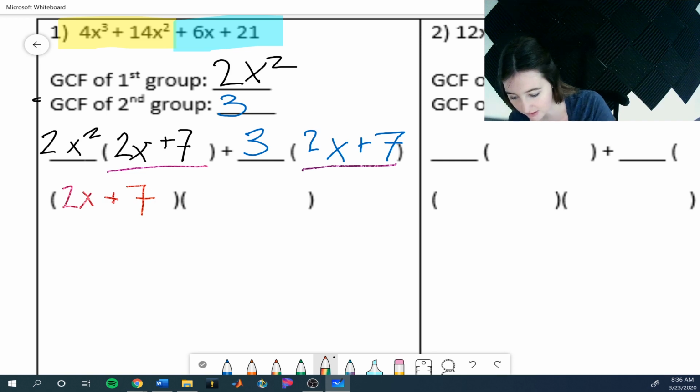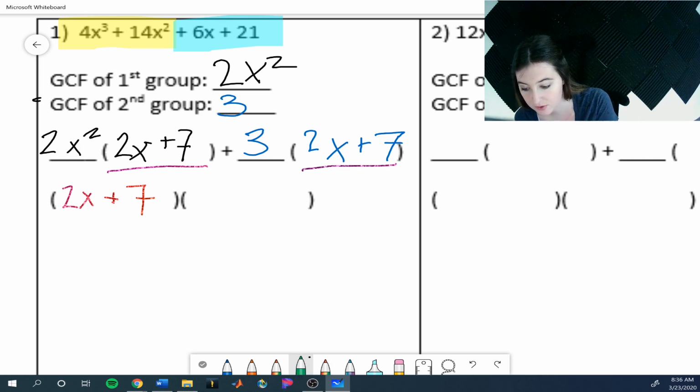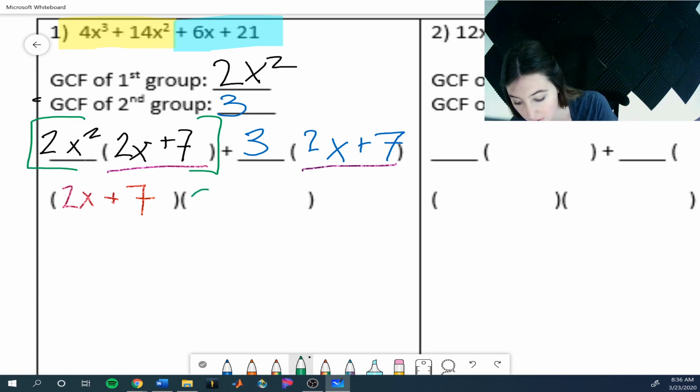These are some fun colors. 2x plus 7. And what's left over? Well, if I take 2x plus 7 and I divide it out of here, what do I have left? 2x squared. Perfect.